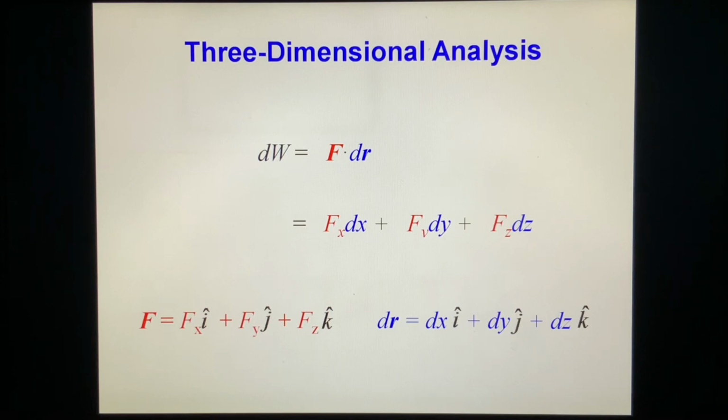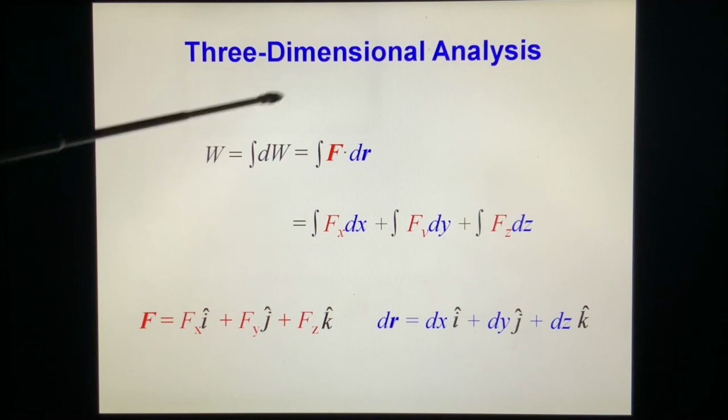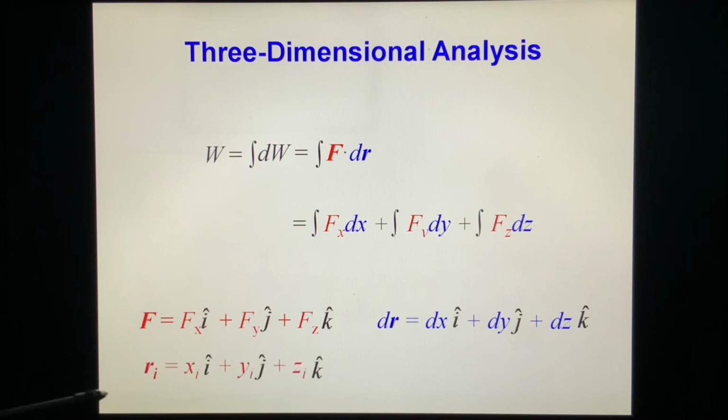Then we put them together, integration. The total W is equal to the integration, from where to where? At the beginning its position is R initial equal to x_i i plus y_i j plus z_i k.